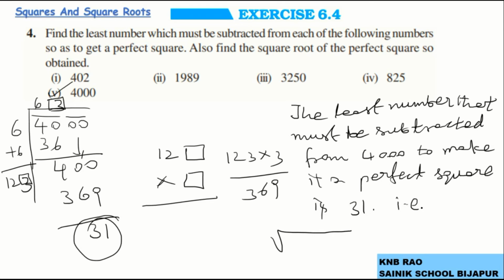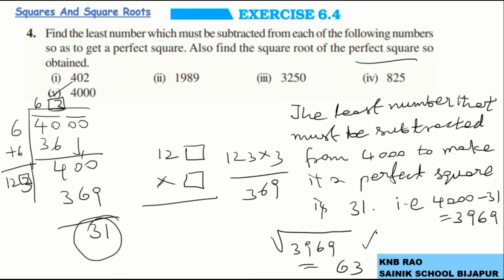That is 4000 minus 31 gives me 3969. So square root of 3969 is equal to 63. Therefore the perfect square so obtained will be 3969, and it implies square root of 3969 is 63. We can write. This is how we do it.